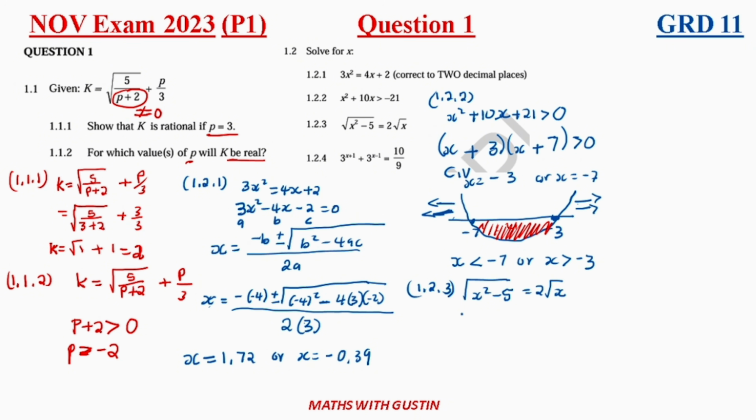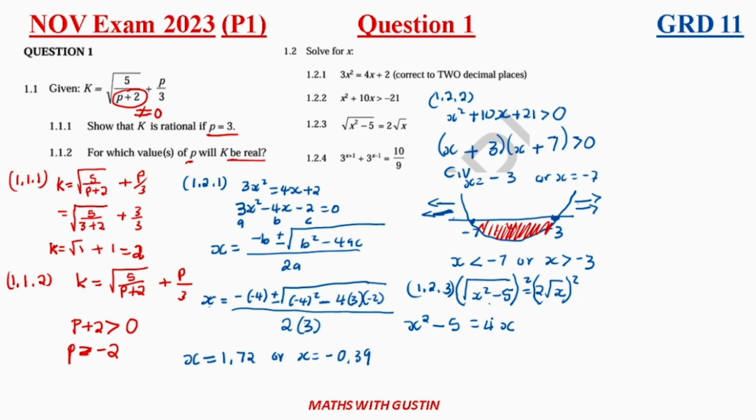There you go. If you have got this one here, what we can do in order to remove the square root is square both sides. If you square both sides, we are going to be left with x squared minus 5 is equal to 2 squared, which is going to give us 4, and the square root of x squared is just going to be x.